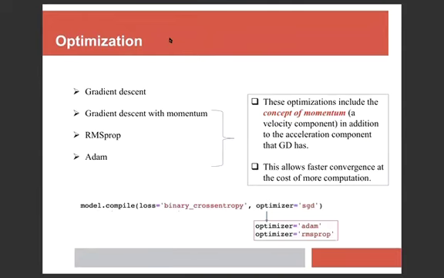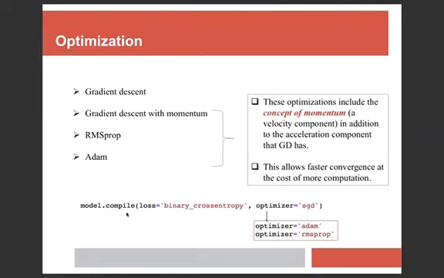These 3 variants, gradient with momentum, RMSprop, and Adam, include a concept called momentum in addition to the traditional gradient descent. The momentum is used to accelerate the optimization process. Therefore, these three will generate faster convergence at the cost of more computation resources.